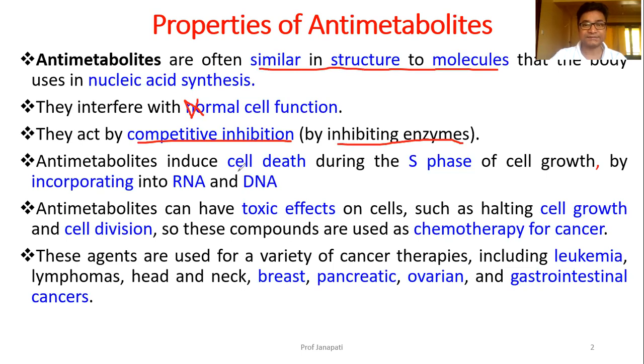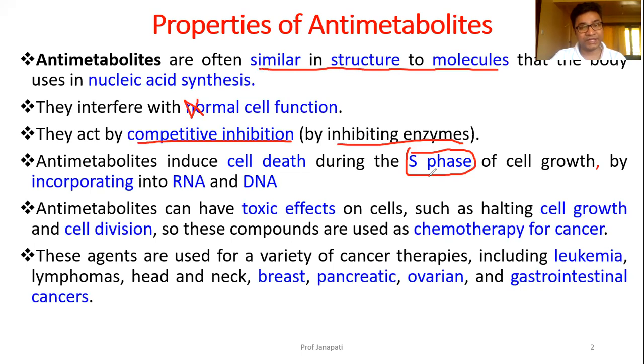These drugs are mainly acting at the S phase in the cell cycle. If you can remember, G phase, G naught phase, M phase, S phase. S phase is the one where there is synthesis of DNA and RNA.